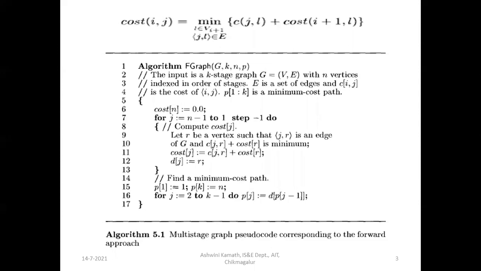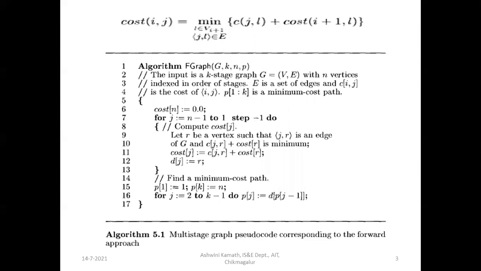Here, P of 1 will be the first vertex and P of k will be the last vertex, the source vertex and the sink vertex, and the remaining vertices are vertices from each stage, which give you the minimum cost path.